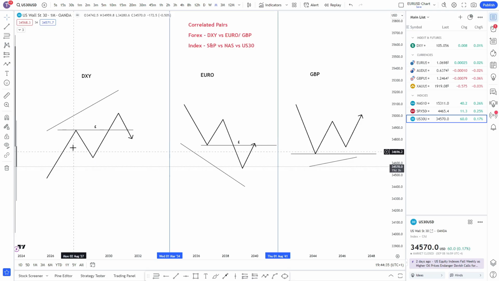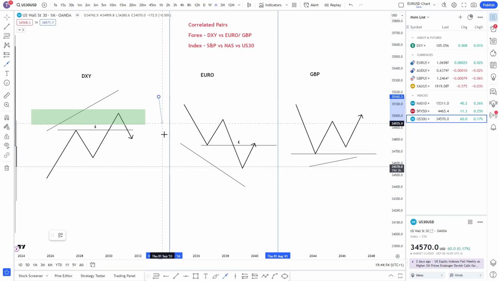But we can notice here that we are moving to the upside. Let's assume we are overall bearish, or we're hoping for price to go lower on the DXY, and we've come into a fair value gap or something like that, and we're hoping that the DXY is going to move lower in any case, just like that.